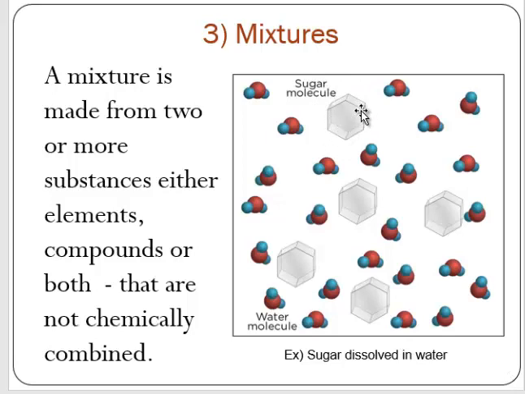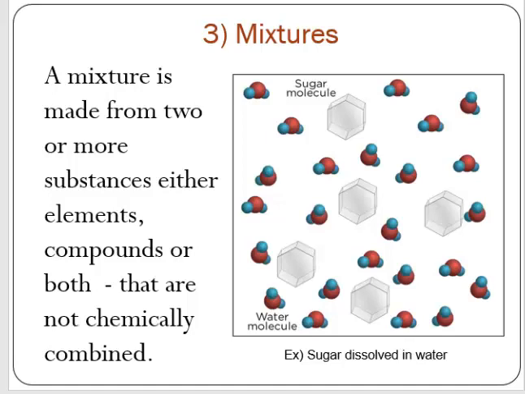This would have a lot of carbons, a lot of hydrogens, and a lot of oxygens bound to it. And so you can see that the sugar molecule is separate from the water molecule here. That's what makes this a mixture, is that your water molecule and your sugar molecules are separated. They're two different compounds, and these can be separated by a physical means. They're not bound together. So this is just an example of sugar being dissolved in water.